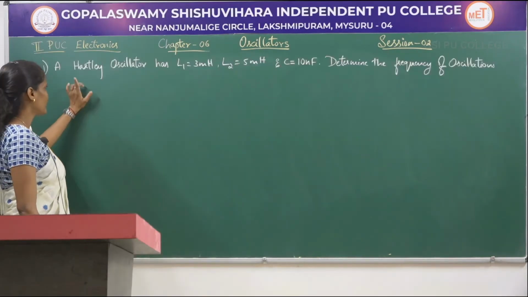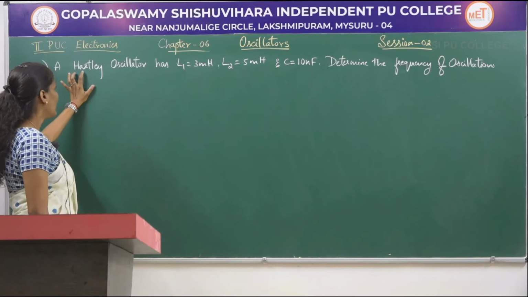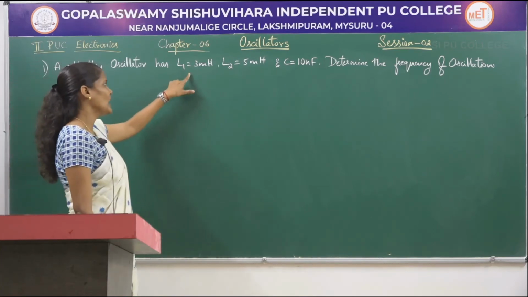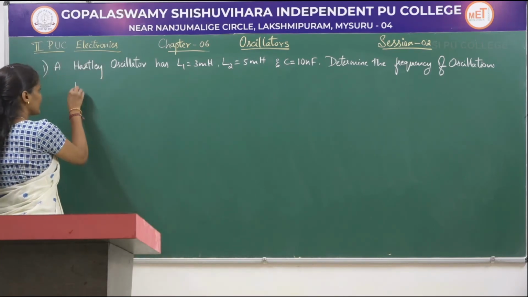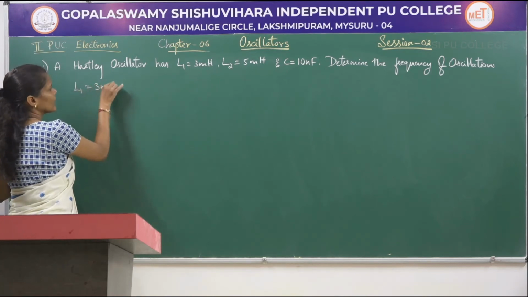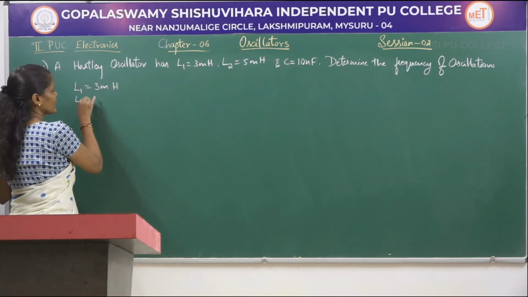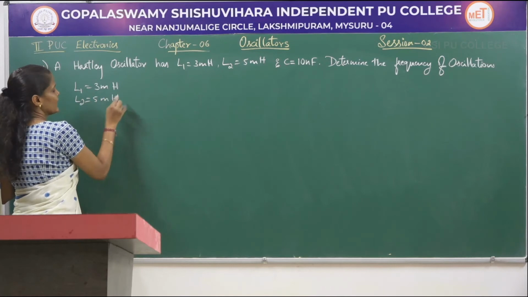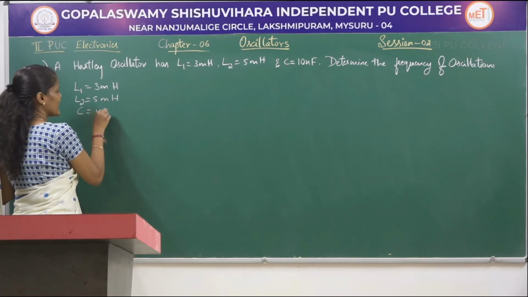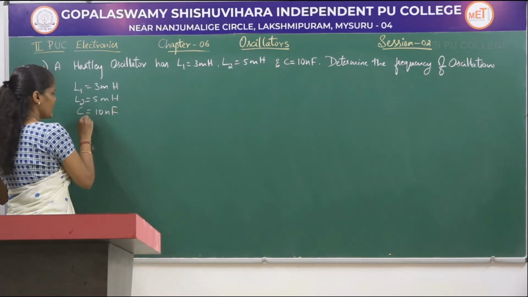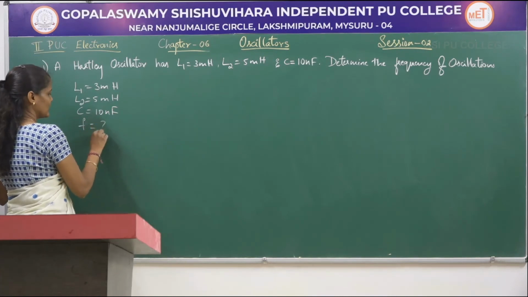This is the first problem, in which a Hartley oscillator has L1 as 3 millihenry, L2 as 5 millihenry and C as 10 nanofarad. Determine the frequency of oscillation.